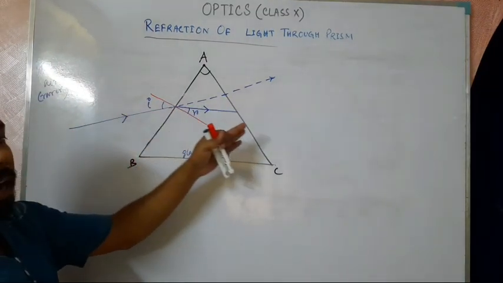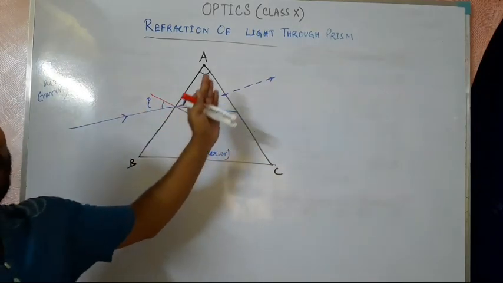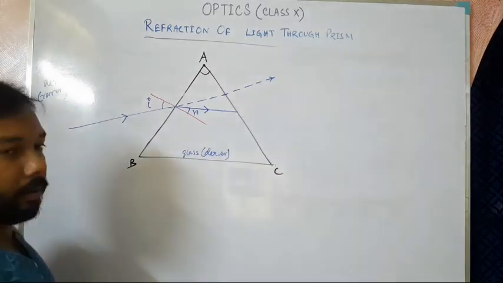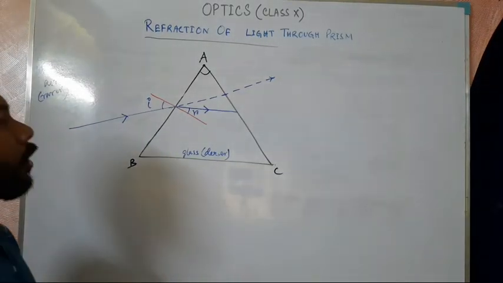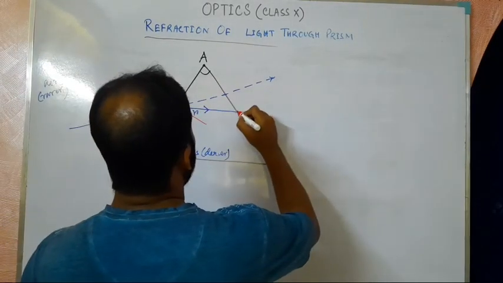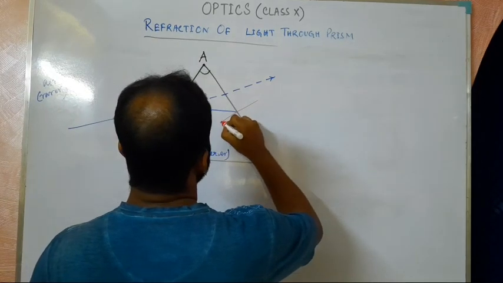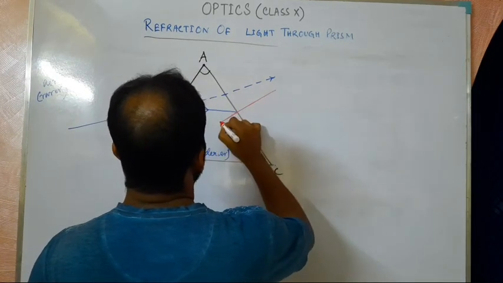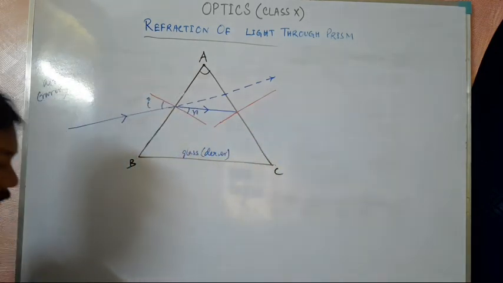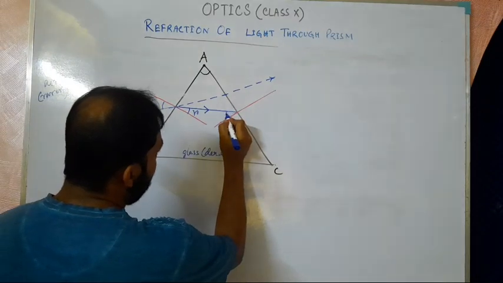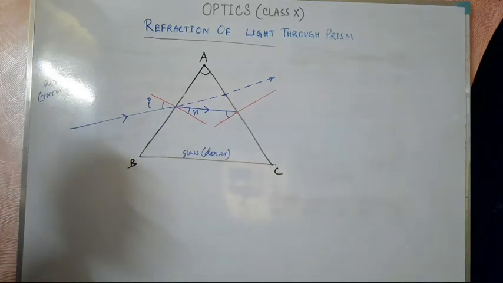Now after refracting, it reaches the next surface and is incident on the next surface with a certain angle. What is the angle? In order to find the angle, we again have to draw the normal, that means the perpendicular. So this is the normal, and the angle with the normal is the incident angle on the second surface.